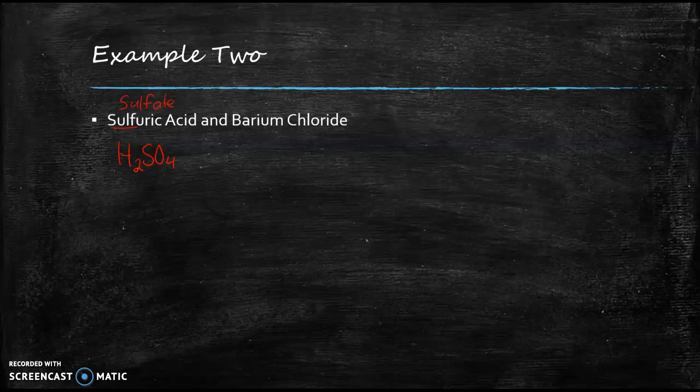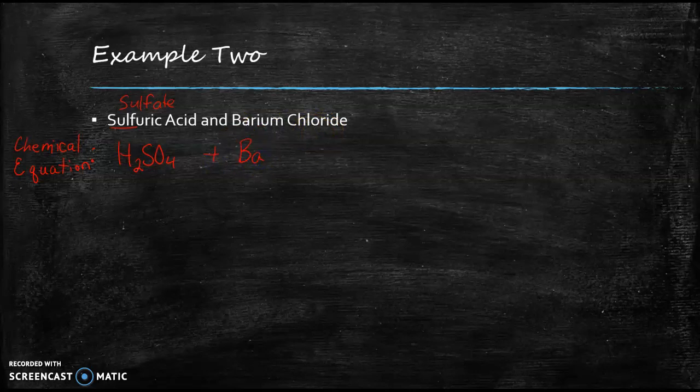You know how to do barium chloride, so I'm going to stop here and let you finish writing out our chemical equation. Alright, so we have our sulfuric acid, and we have barium chloride.